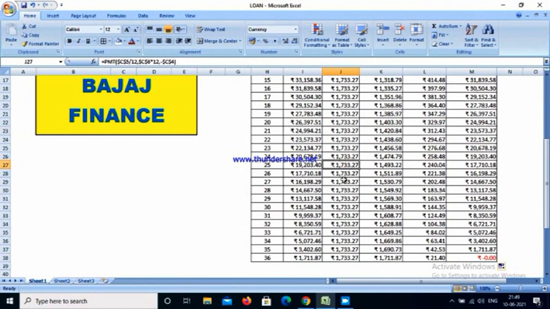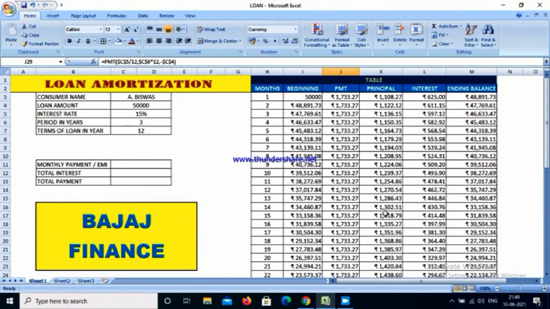But your EMI value or per month turn value should be the same, students. Look at here, it is fixed at 1733 rupees. This fixed amount is your EMI or PMT, per month turn or part payment amount, and the consumer has to pay this amount per month based on the loan amount of 50,000 rupees.